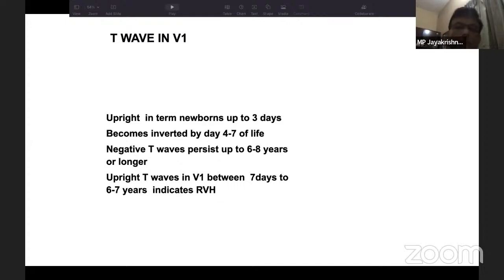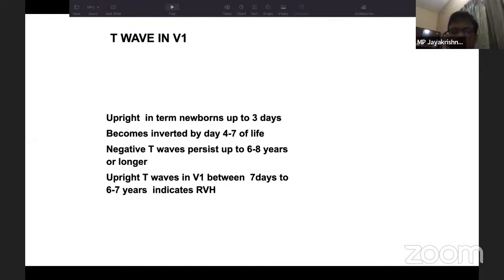So you expect the T waves to be inverted in a child between 7 days and 6 years of life. You must remember that. If it is upright, that indicates right ventricular hypertrophy.